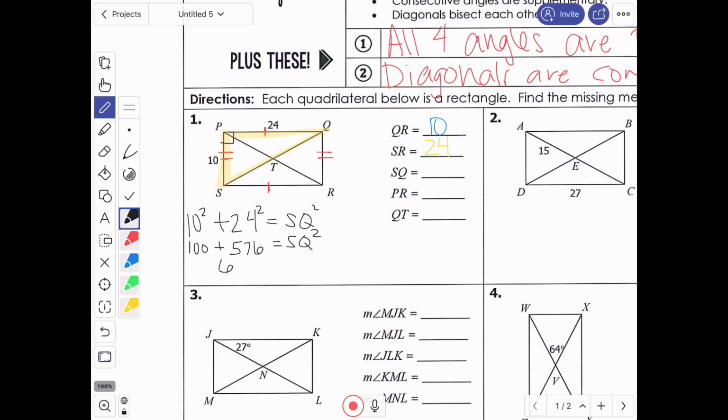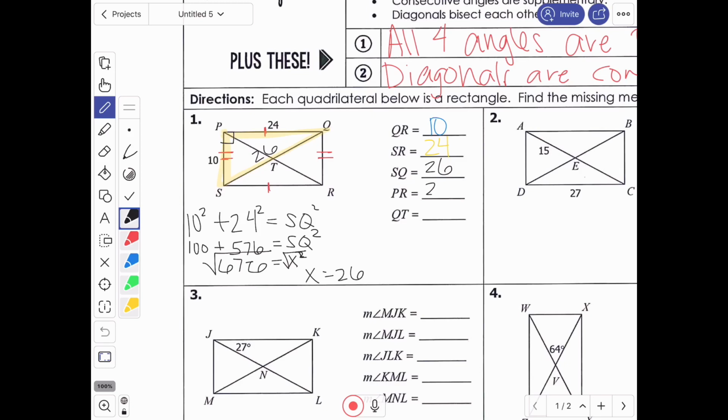So then I get 676 equals x squared. Then to get x by itself, or to figure out what SQ actually is, that's when you take the square root. And so then x equals 26. So I just figured out this diagonal is 26. So SQ is 26.